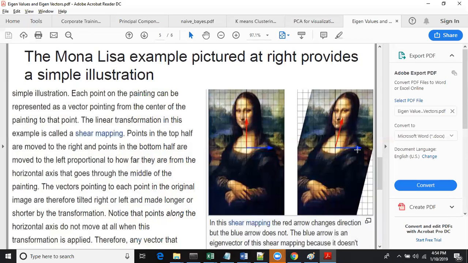Oh, okay. So the blue can be an eigenvector, but the red one is not. Yeah. The eigenvector will increase in length by the eigenvalue. Okay, that makes sense. Yeah, the eigenvalue is the change in length of the eigenvectors when we make a transformation.